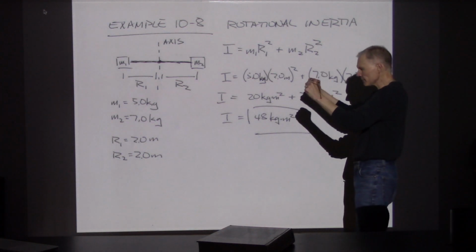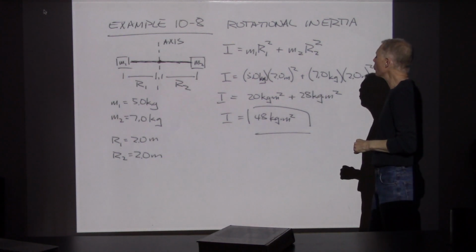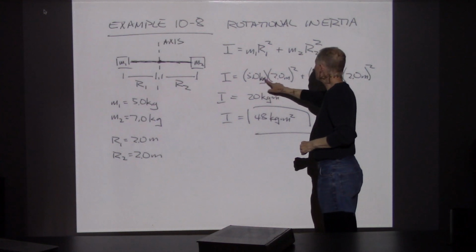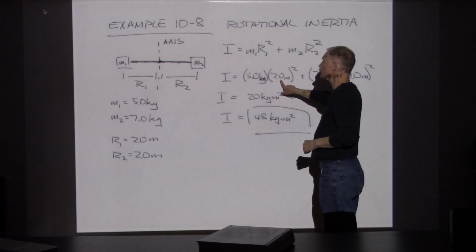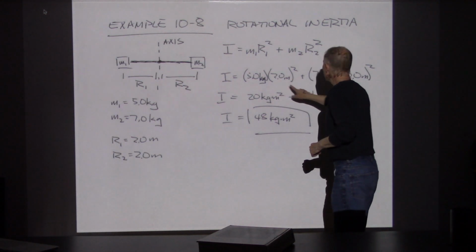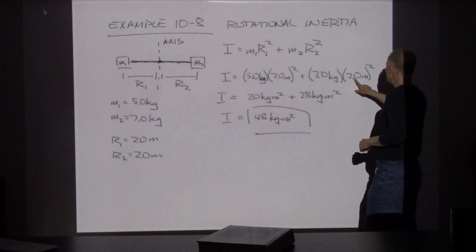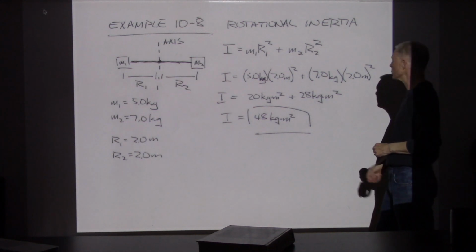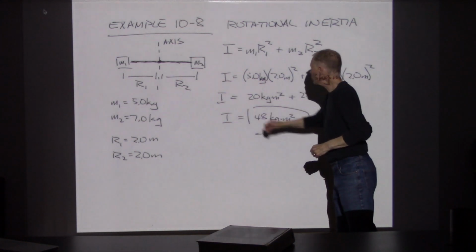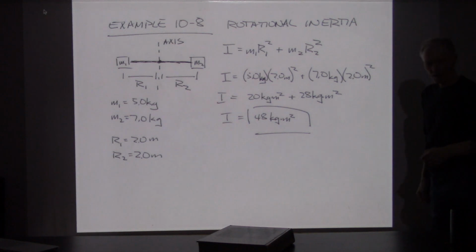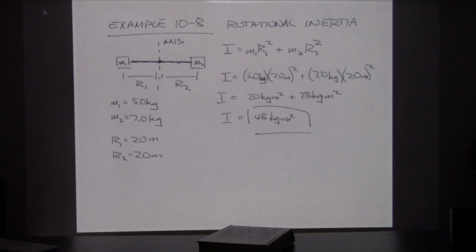We're treating these masses as being concentrated at just one point. So that's 5 kilograms of mass times 2 meters of leverage squared, and 7 kilograms of mass times 2 meters of lever squared. That gave me rotational inertias of object 1 has a rotational inertia of 20 kilograms times meters squared.